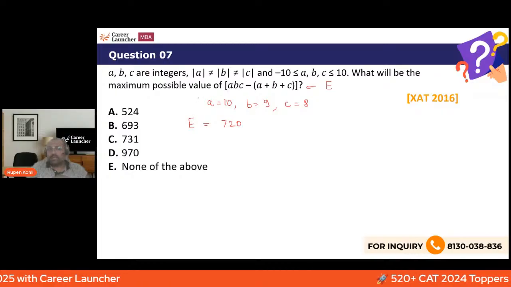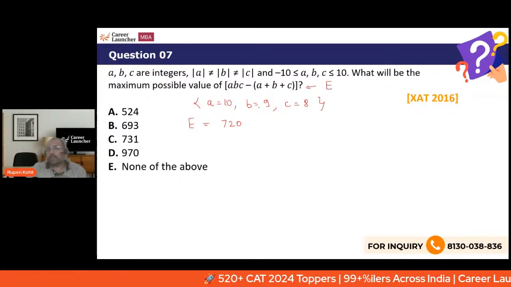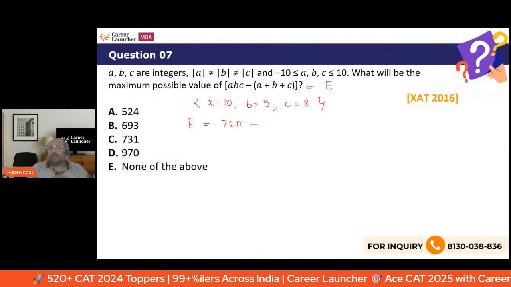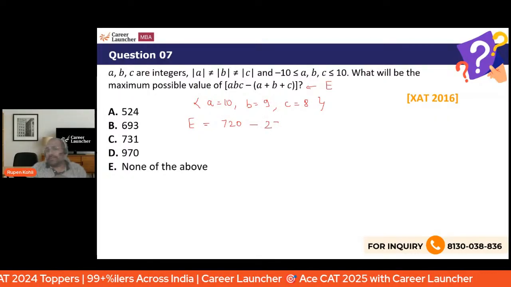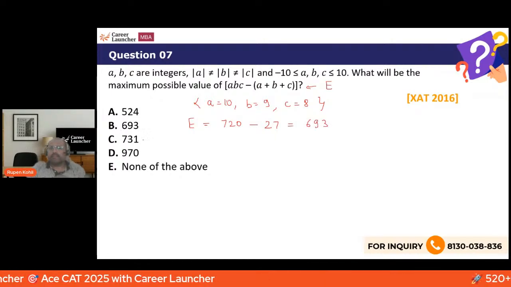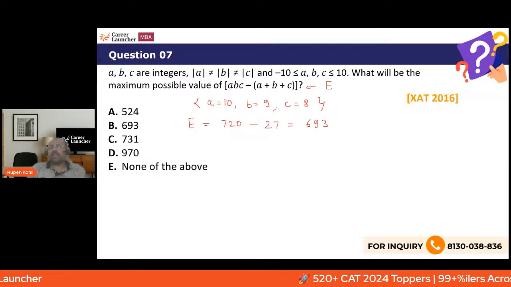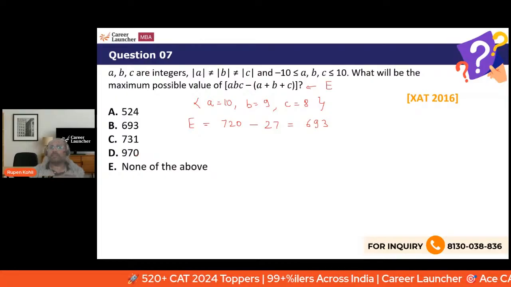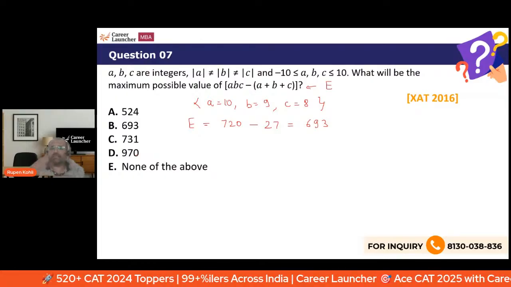When I'm choosing this combination, 10, 9, 8, so product 9 into 8, 72 into 10, 720, minus 9 plus 8, 17 plus 10, 27. This is 693. It is also there in the options. But there are some other options also which are a bit larger than that. So the options are making me think, do I have something better? Can I do better than this?